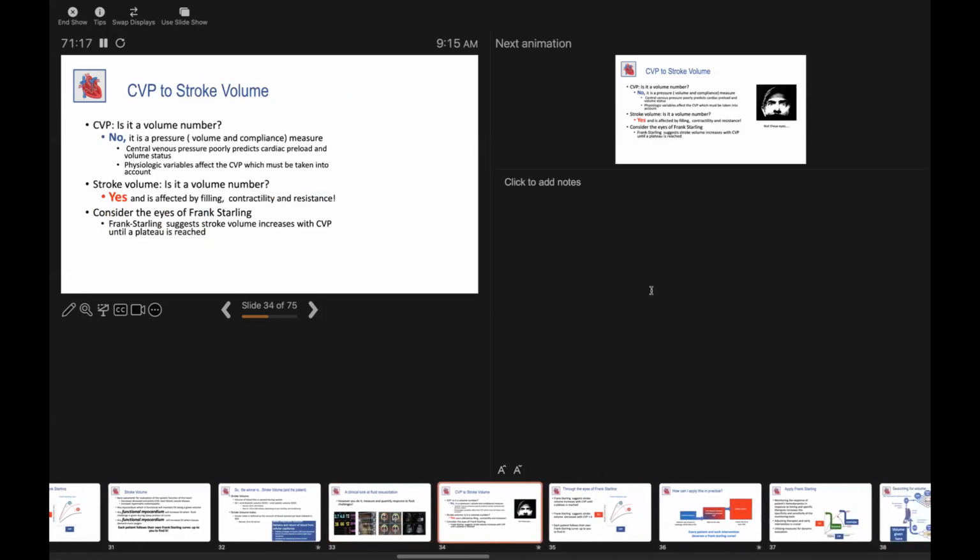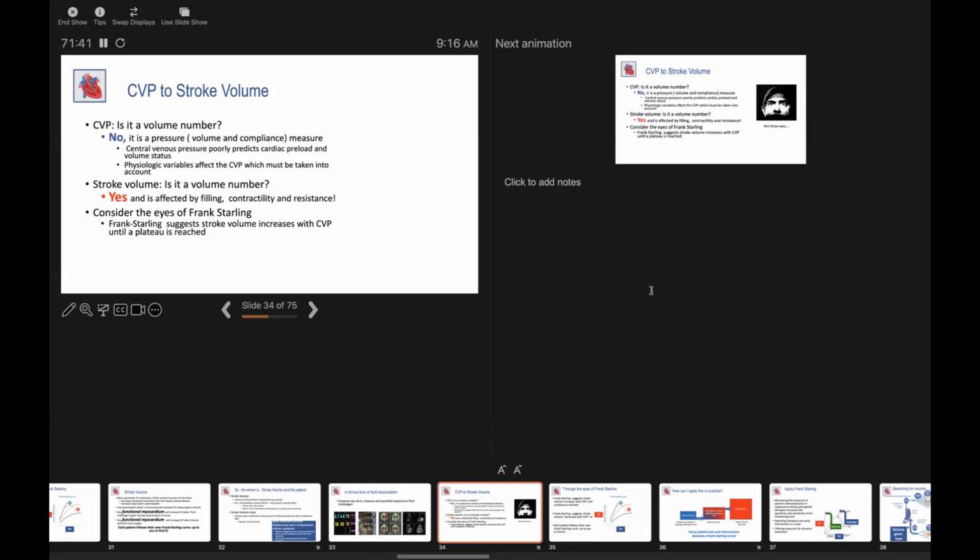So I just want to remind you, CVP is not a volume number, it's a pressure number. And it's about the compliance of the right ventricle, which in and of itself can become non-compliant if you've had an RV infarct, you have a PE, you're on positive pressure breathing, or it could become non-compliant as a secondary effect from LV non-compliance.